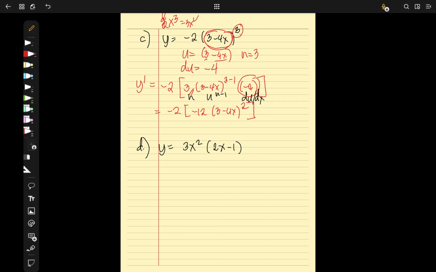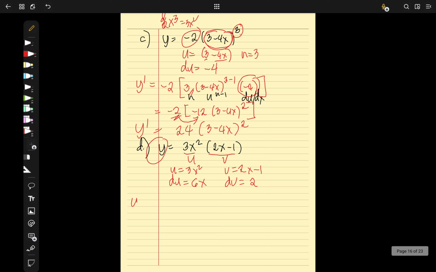If my u is 3x squared and my v is 2x minus 1, then we need the derivative of u with respect to x, which is 6x, then the derivative of v with respect to x, which is 2. Now, let's follow the formula. The derivative of y is, of course, y prime.